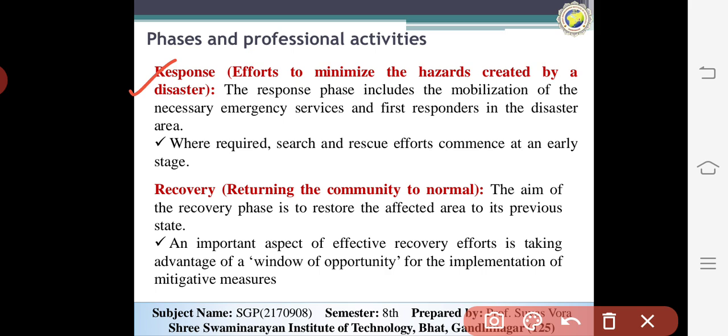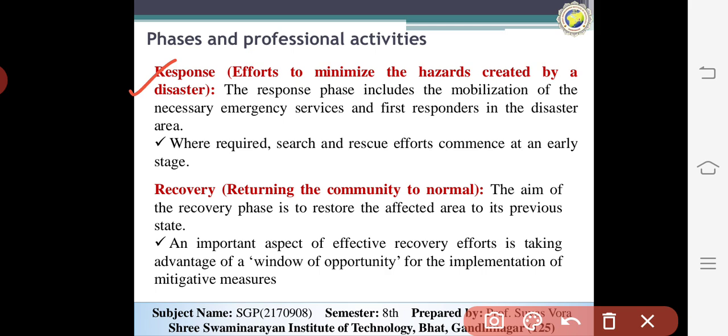It means that when the disaster occurs, the rescue will be considered. If an earthquake arises, after the earthquake the rescue of some people and some properties will be required. So this is considered the response.